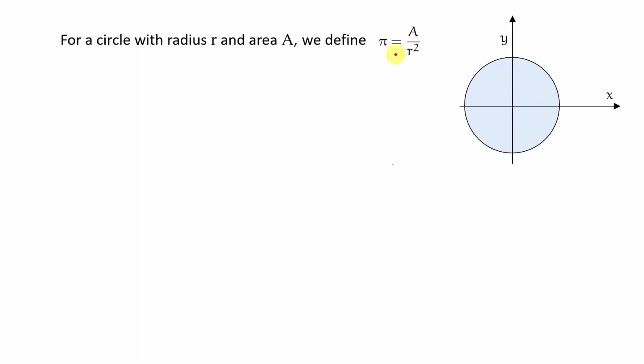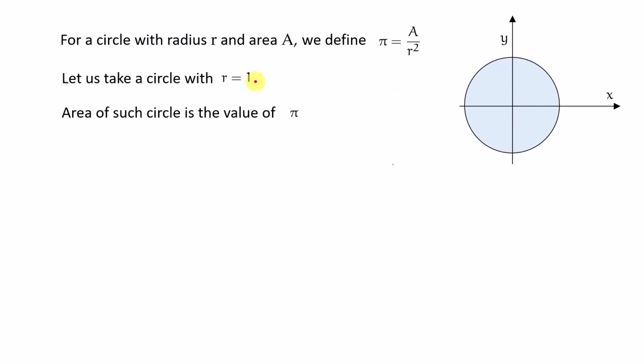People have tried to evaluate this value for hundreds of years, but here in this example we'll figure it out in a few minutes, writing a few lines of program. If we take a circle of radius 1, then the area of this circle will be pi, and that's what we are going to do here.